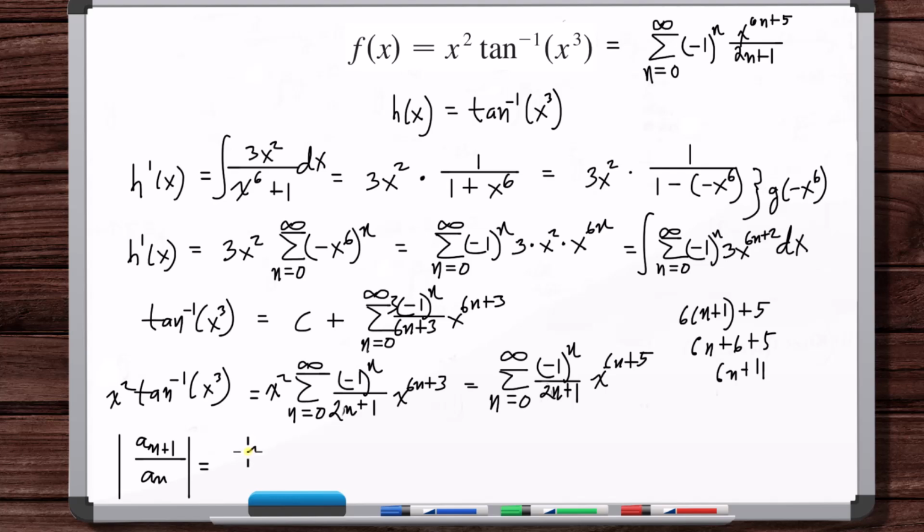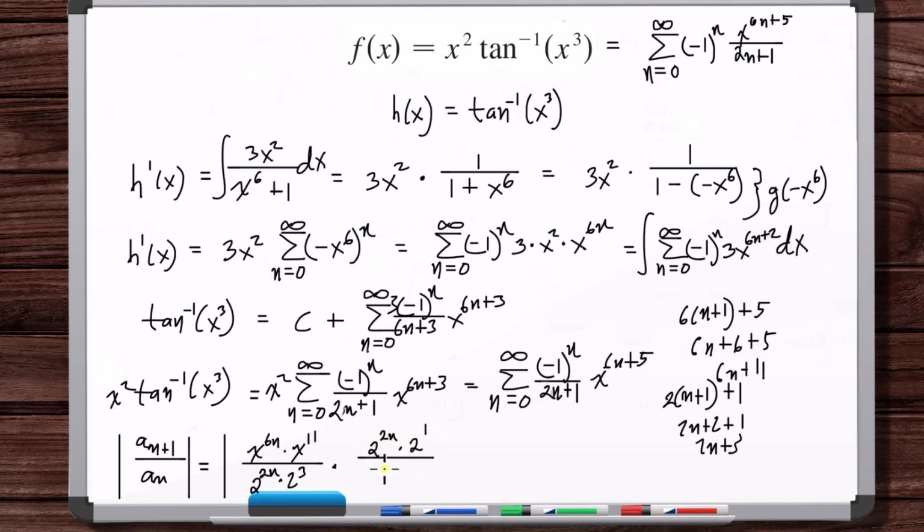So x to the 6n times x to the 11th over, we got the absolute value of 2 times n plus 1 plus 1, that's 2n plus 2 plus 1, that's 2n plus 3. So that's 2 to the 2n times 2 cubed. All right. Now, 2 to the 2n plus 1, that's 2 to the 2n times 2 to the first, and then x to the 6n times x to the fifth.